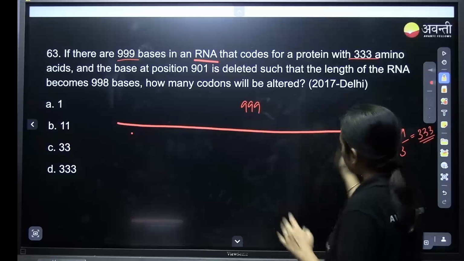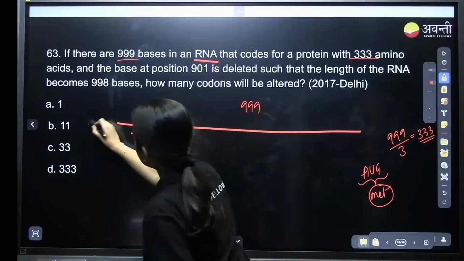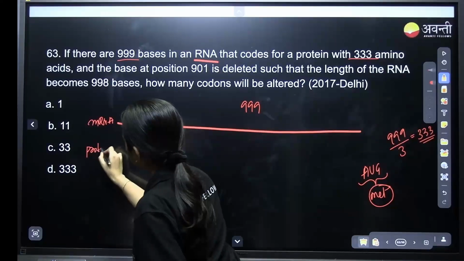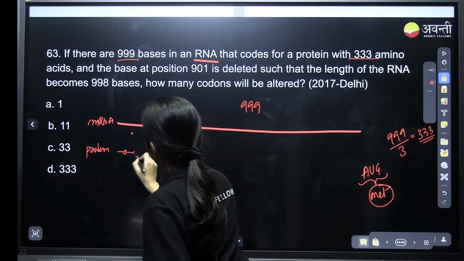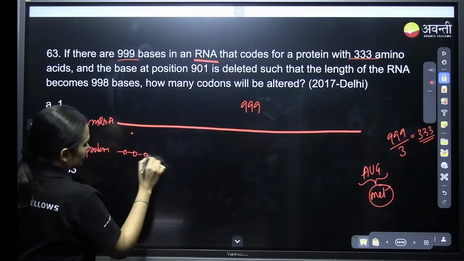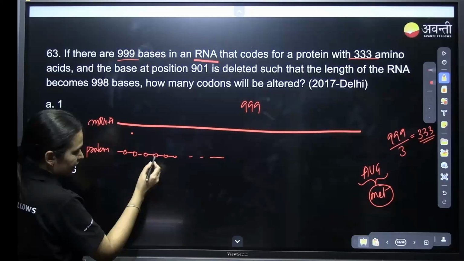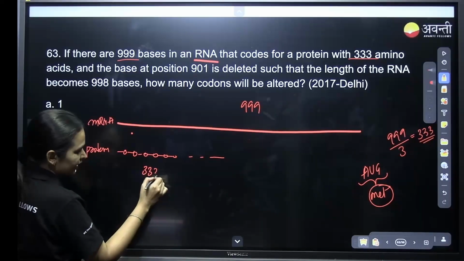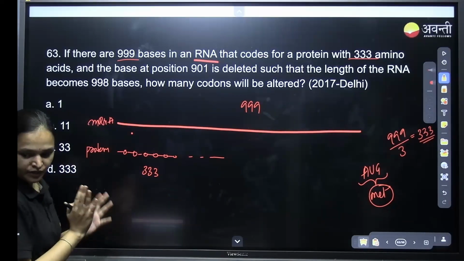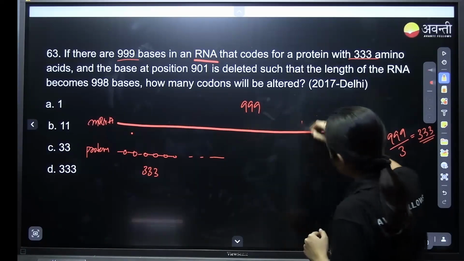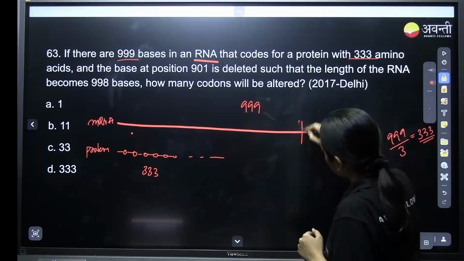So if this is an mRNA, the polypeptide chain goes on. How many amino acids are there? 333 amino acids are there. Now the condition they have given is from 901 till 999.